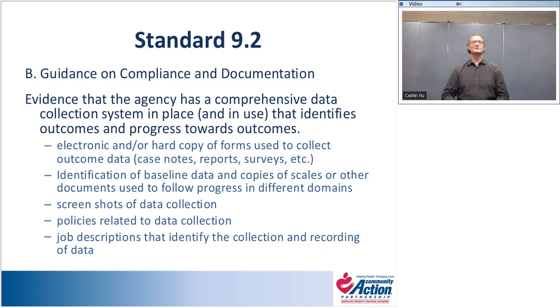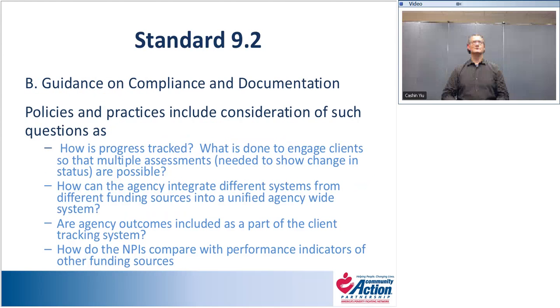You can't show a change, which is what an outcome is, you can't show a change in status if you don't have a baseline from which to measure what has happened. So there's an implication in this standard that you have outcomes that are measured based on the initial status of the client, the customer, when they first came to see you. And again, screenshots and policies and job descriptions can be used to document compliance for this level.